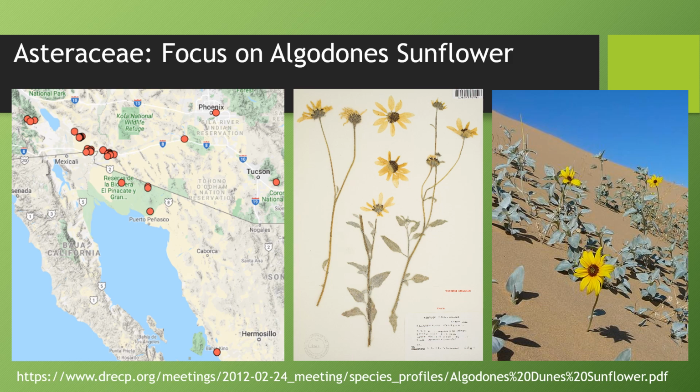I'm not sure if it's really quite as rare as it's been reported, but if you'd like more information about this particular species, there's a link down below that will pull up a PDF file done by some California folks that gives more information. I would mention I've seen it this winter.